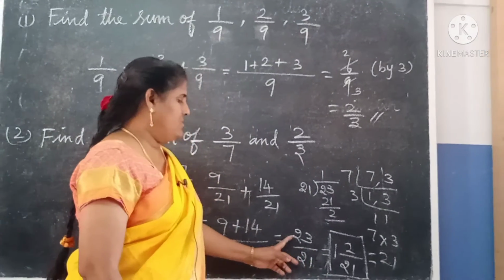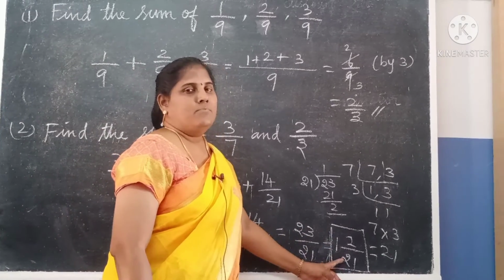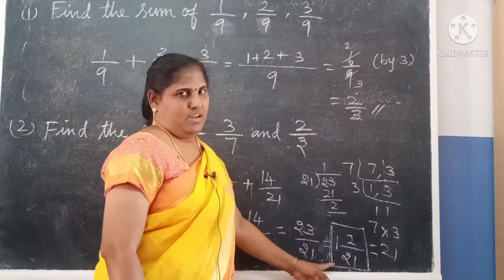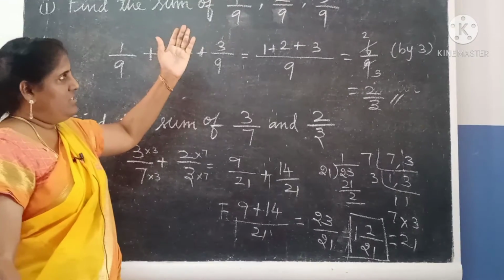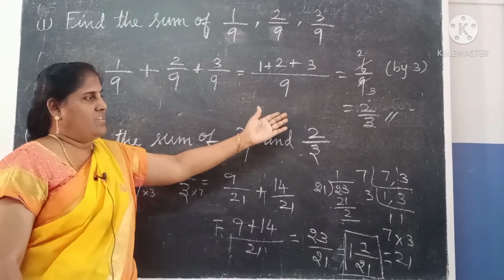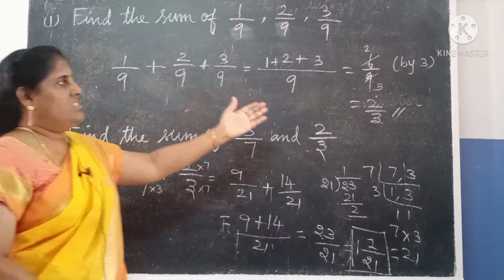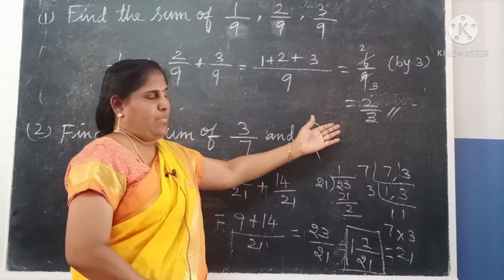If the answer comes as an improper fraction, you have to change it into a mixed number. So here, if they give like fractions, you just add all the numerators and find the answer. If the answer has a common factor, you just simplify and find the answer.